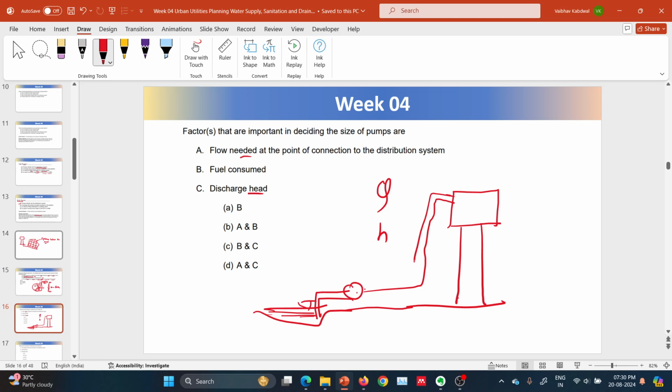Remember this thing. So we need to know how much is the head, at what height we have to provide the water, and at what rate. This is the rate, and this is the height. These two things we need to know. Fuel consumed is not a primary thing on which we focus.